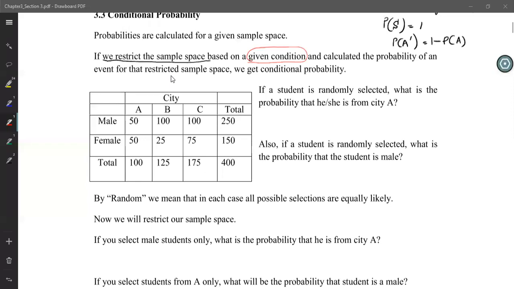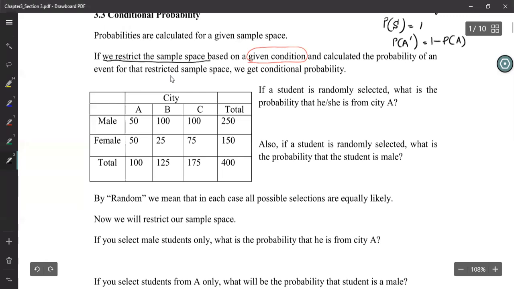And if you calculate the probability of a certain event for that restricted sample space, then we call it the conditional probability. Okay, so here's an example. It will be very clear if we look at this example.